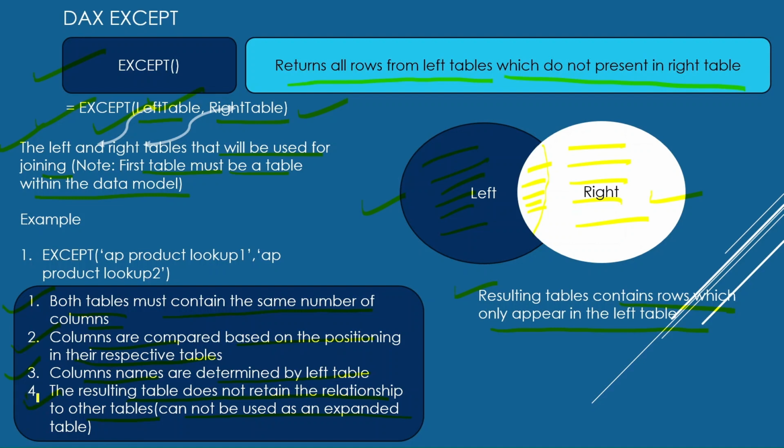So this is very important, right? The EXCEPT function will result in a table that has all the rows which appear on the left hand side, but it will not maintain any relationship, and it will also not participate in the expanded table which is created at the backend of Power BI.